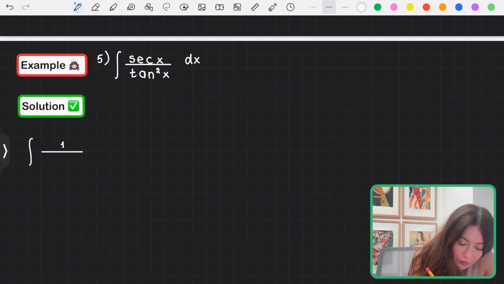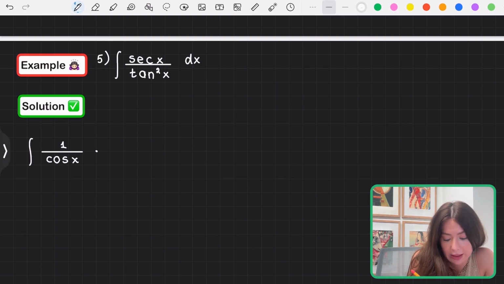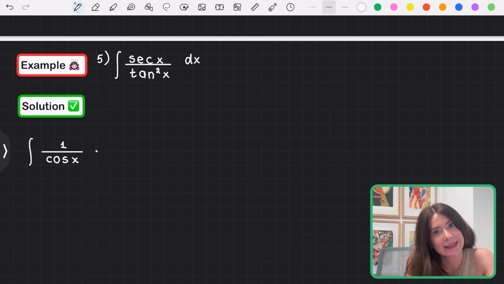So secant is 1 over cosine, and 1 over tangent squared is 1 over sine over cosine, or also 1 over tangent is cotangent, right?